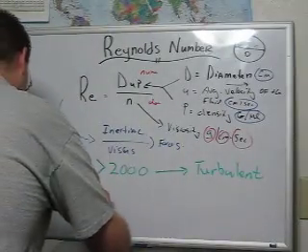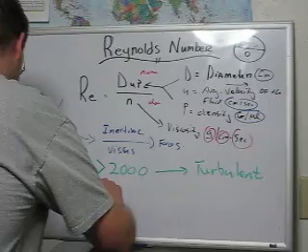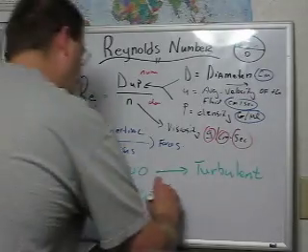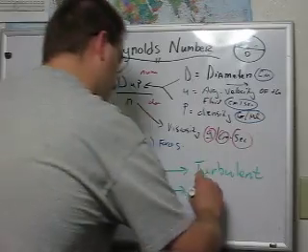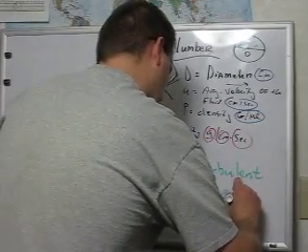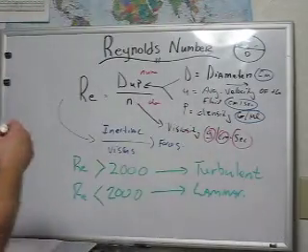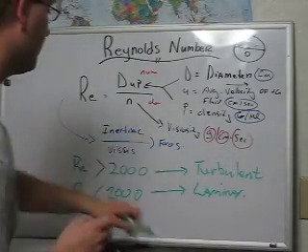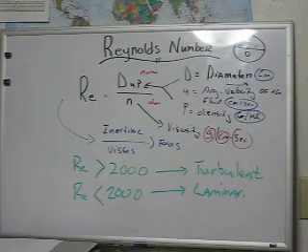If my Reynolds number is less than 2,000, that indicates that I have laminar flow. And obviously this isn't perfect, and you have a lot of transitional flow in between, but generally speaking, 2,000 is the number that we look at for the Reynolds number.